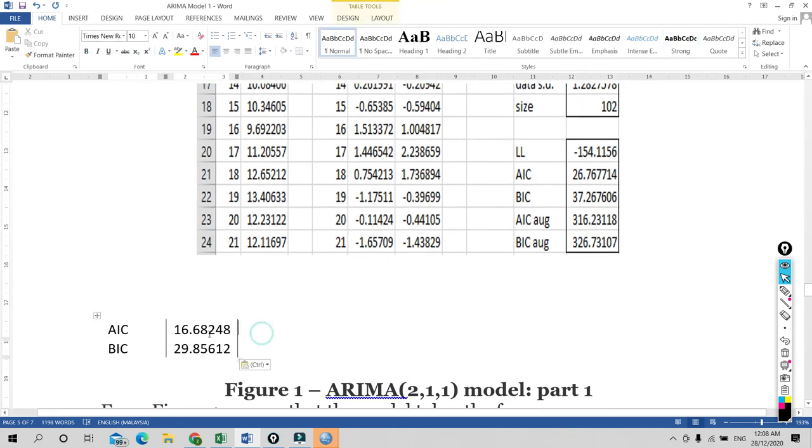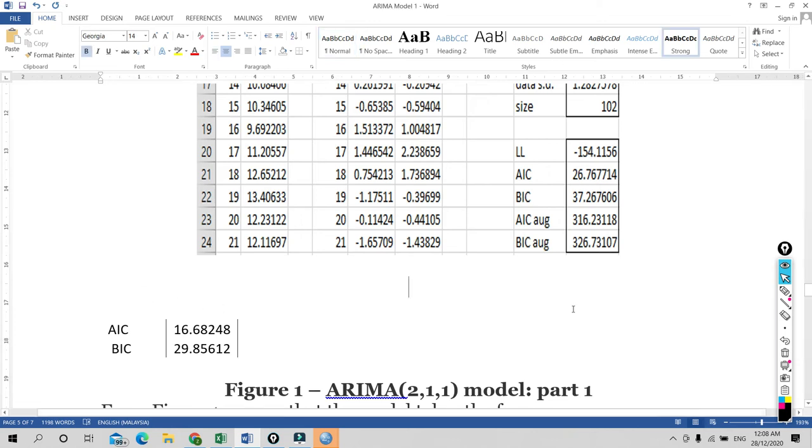So this is my AIC and BIC for this, this is for AR. This is for ARMA 201. Meaning to say there's no differences.